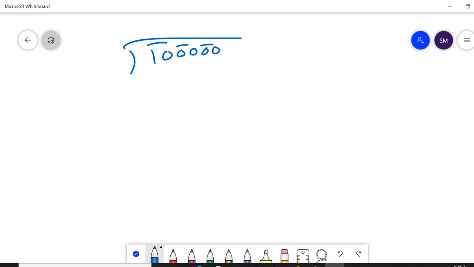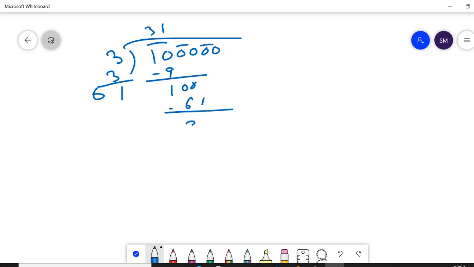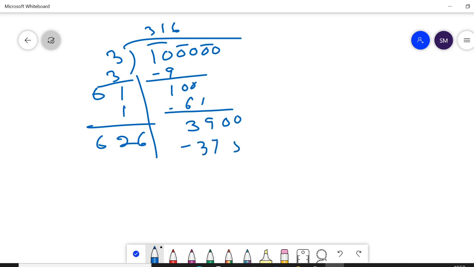Then to find its square root, step by step, you know very well what step. But what do you get? 3, 7, 5, 6.